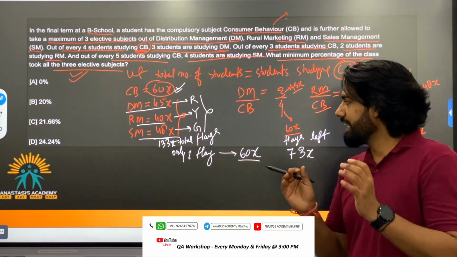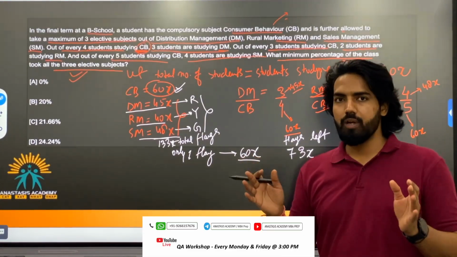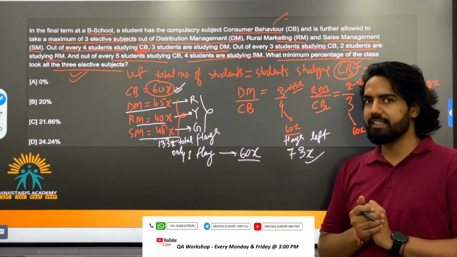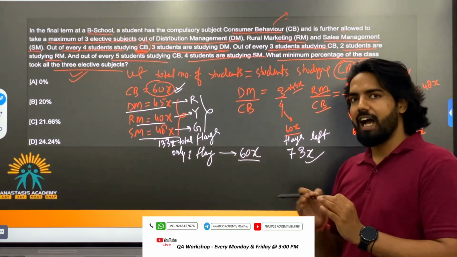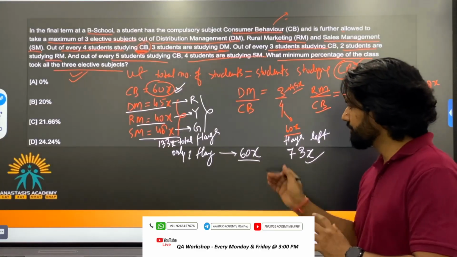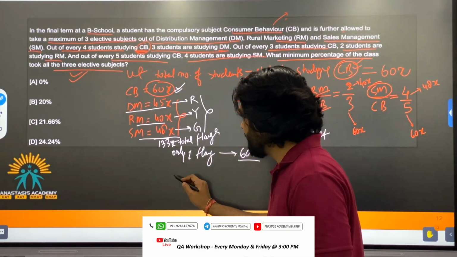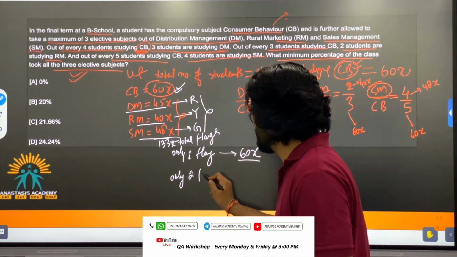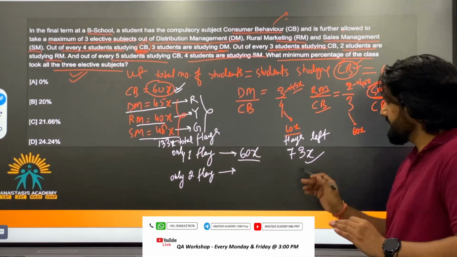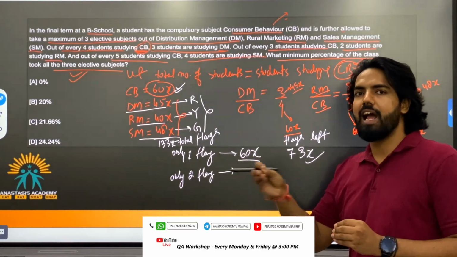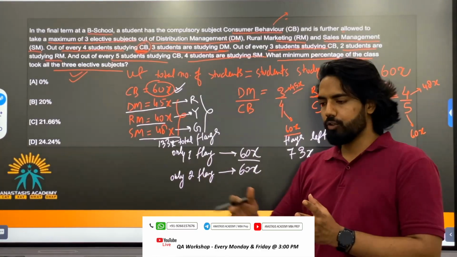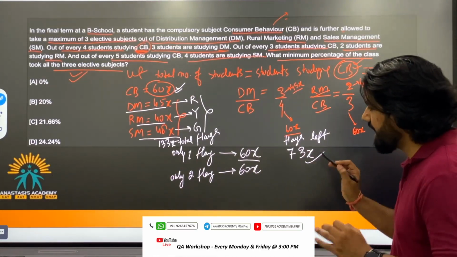Now these 60x students have one flag each, and 73x flags are left. Now I can distribute one more flag to each of these 60x students, so these 60x can have two flags each. How many flags are left now?